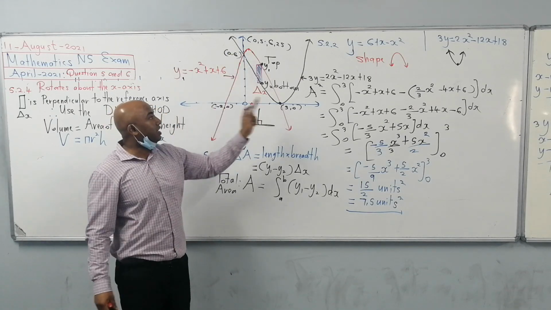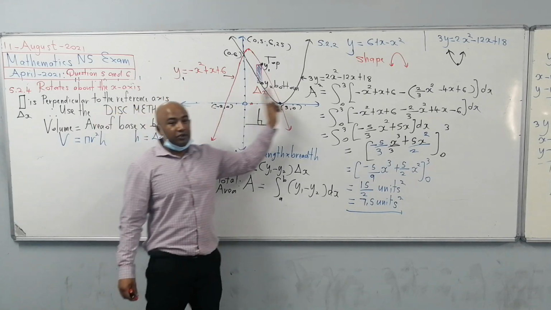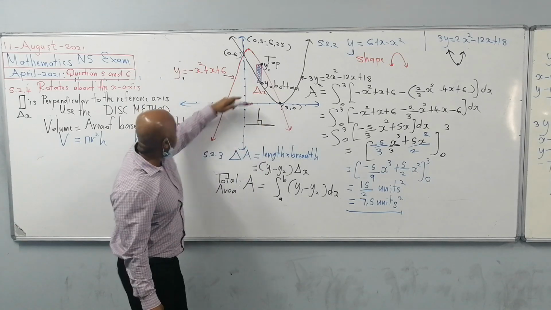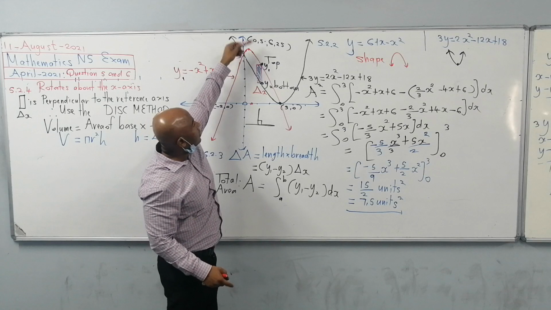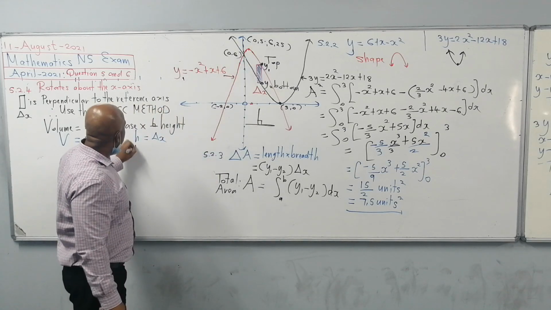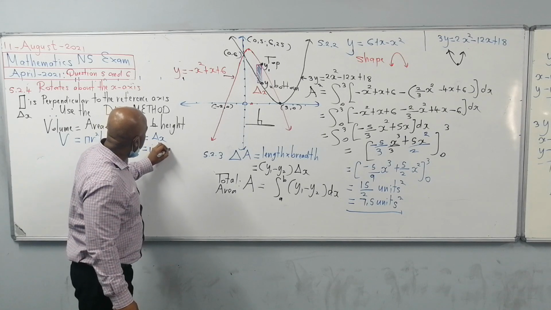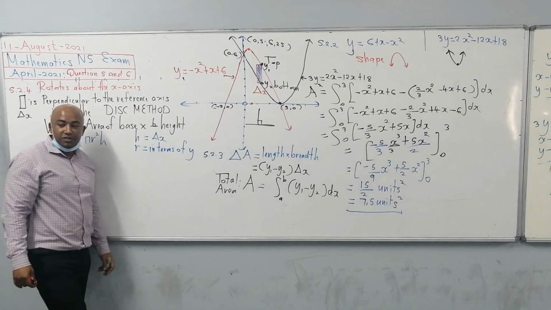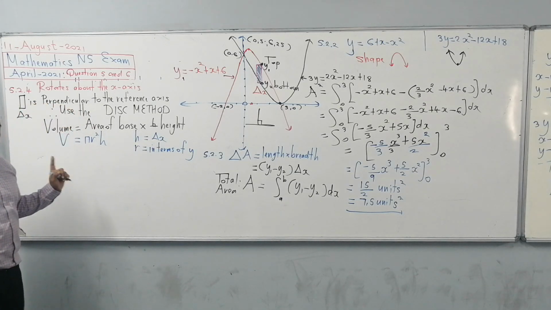You are not going left and right. If you're going around the y-axis, then you are going left, and then you are going right, so you're measuring in terms of x. In this case, I'm rotating about the x-axis, so I'm going around, so my radius is in terms of y. Your radius is in terms of y. Right, so you make sure this is correct, otherwise everything goes wrong here.